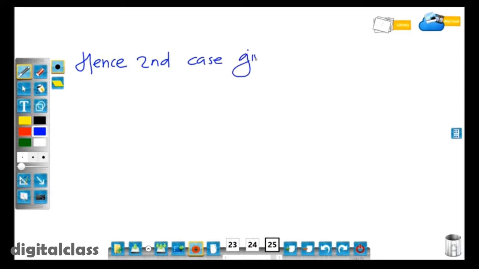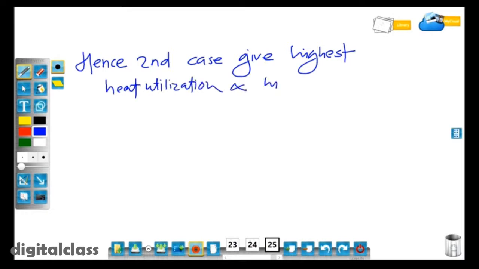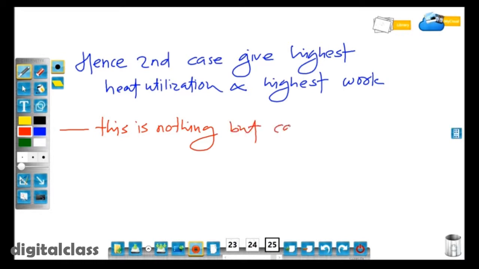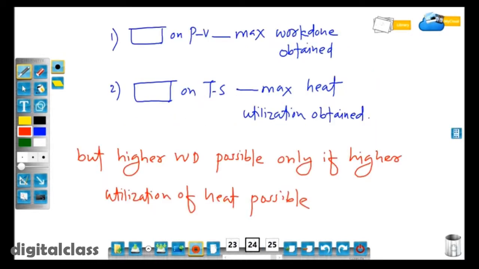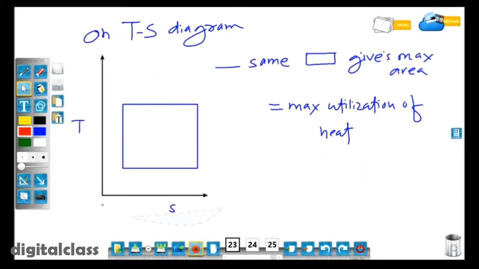Hence the second case gives the highest heat utilization, so we can obtain the highest work. So this is nothing but the Carnot cycle. We know that on a TS diagram, a rectangle means the Carnot cycle.